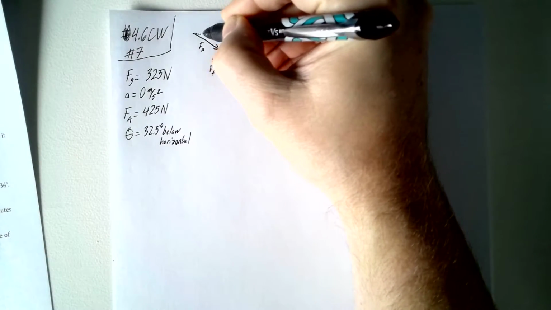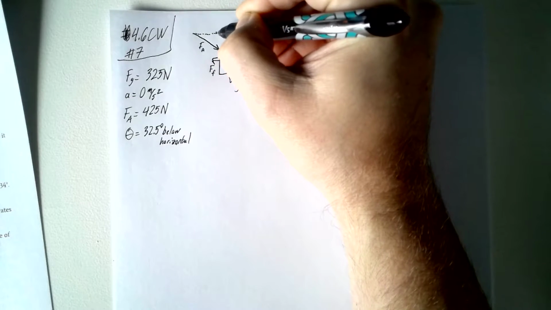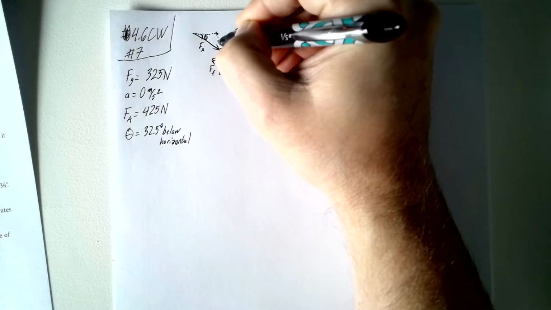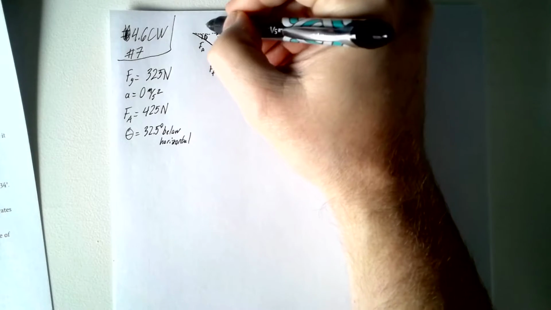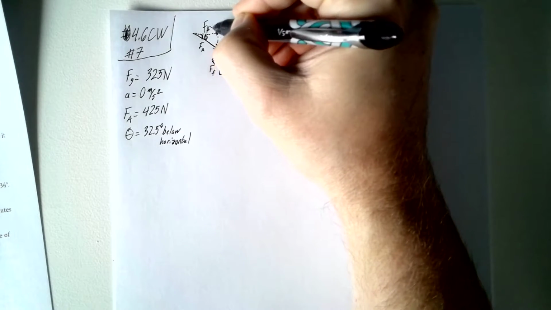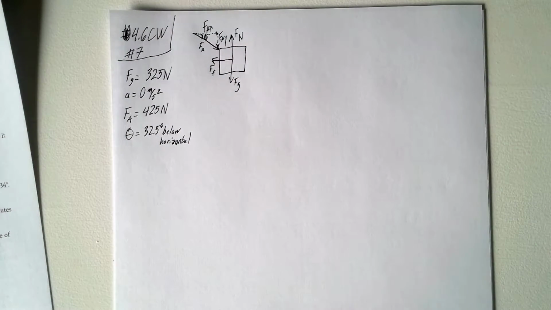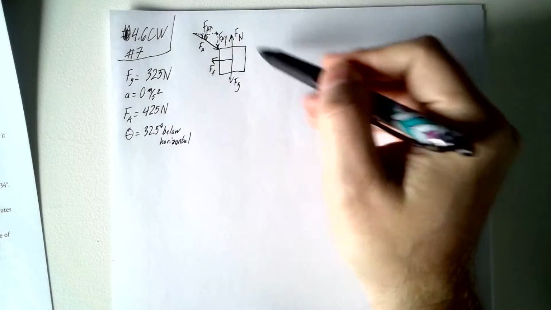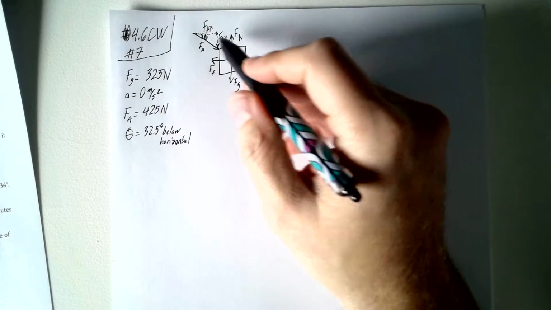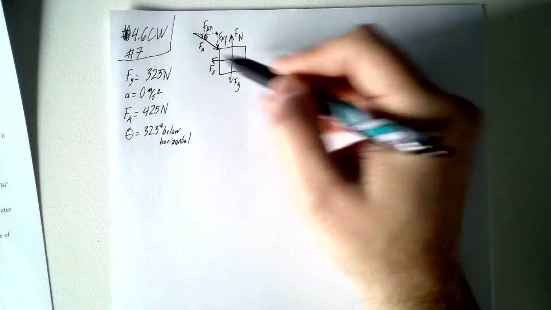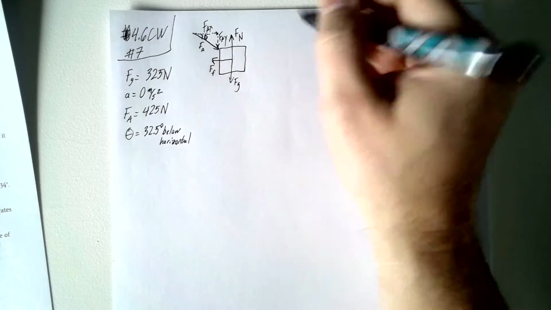So the angle measured is right in between here. This is our theta. And so our component triangle looks like this. This is our FAX and this is our FAY. So that's our free body diagram. You can draw this coming from the center of mass. I like putting it up here to show how it's being applied.